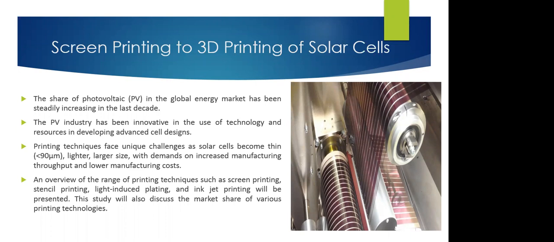Photovoltaic installation has reached 509 gigawatts, and this growth is driven in part by the availability of raw materials and PV technology and local government policies. Crystalline silicon, with 96% market share, has been the dominant PV technology.